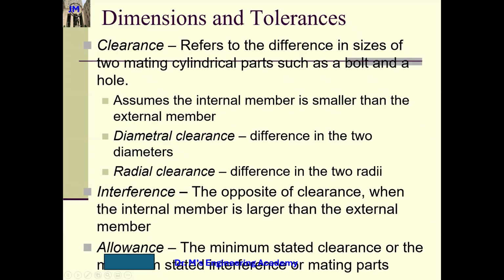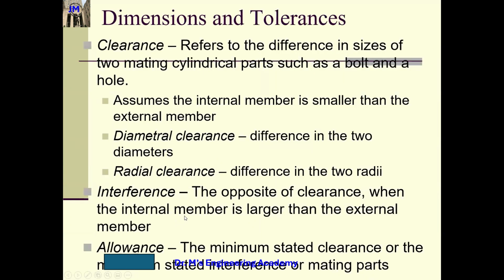Interference is the opposite of clearance, when the internal member is larger than the external member. Allowance is the minimum stated clearance or the maximum stated interference of these mating parts.